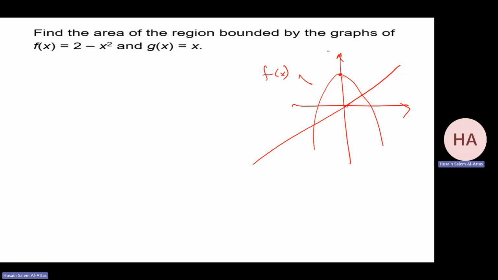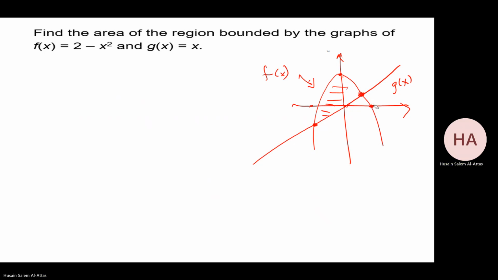Wait a minute. I'm talking about which area? This area. This is the area bounded between these two graphs. This is G and this is F. So I need to find this point and this point, the x values.